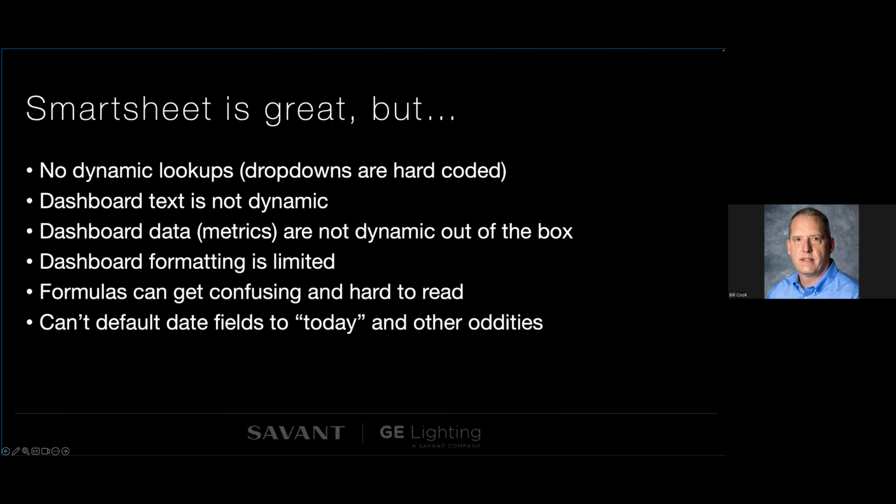So Smartsheet is great, but there are a couple of things about the tool. You can't do dynamic lookup. In my spreadsheet, I have a list of projects. There's a field for project manager. That's a bad example, because that is dynamic based on all the users in the system.